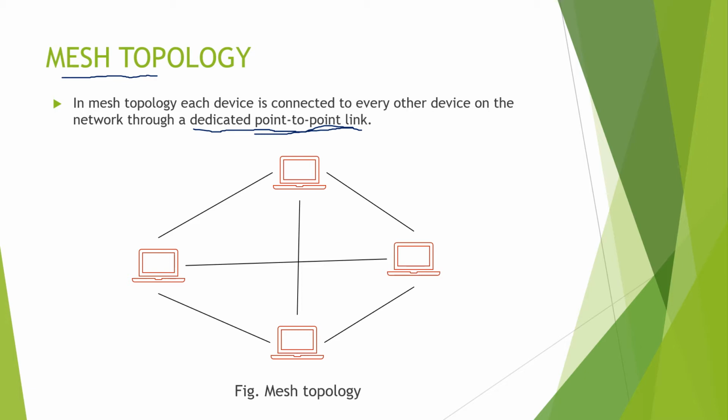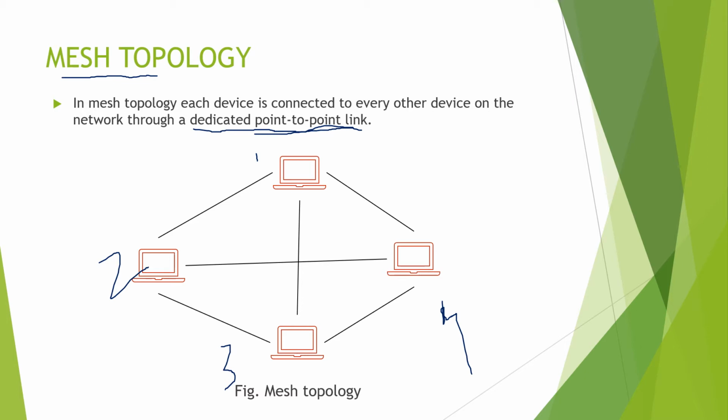Here there are four devices: 1, 2, 3 and 4. Each device is connected to every other device on the network through a dedicated point-to-point link.